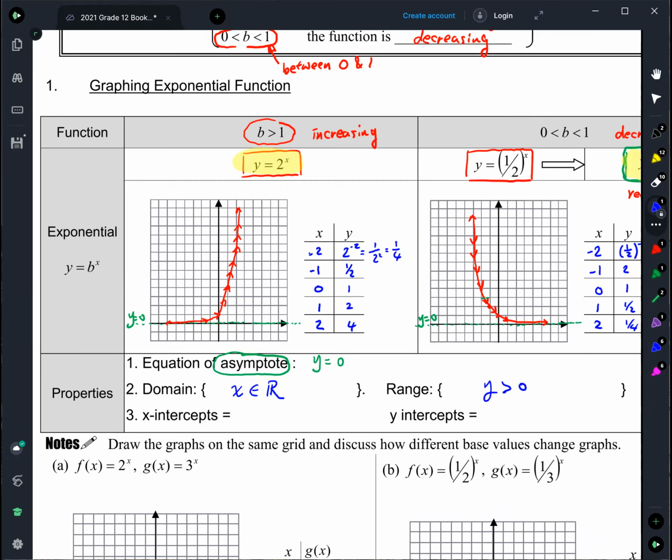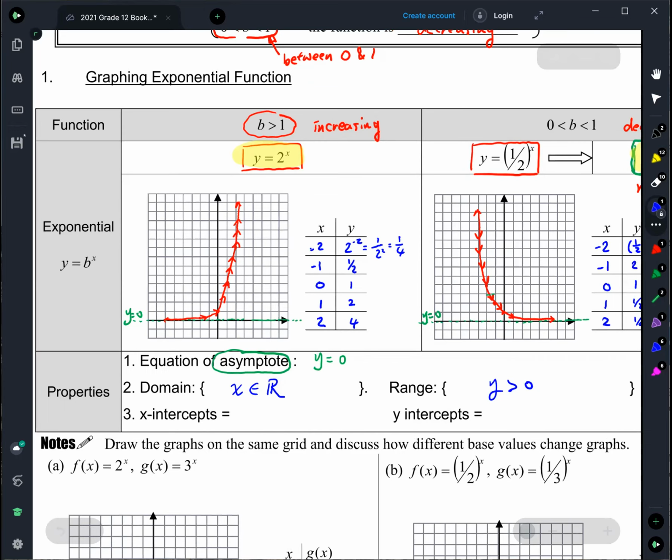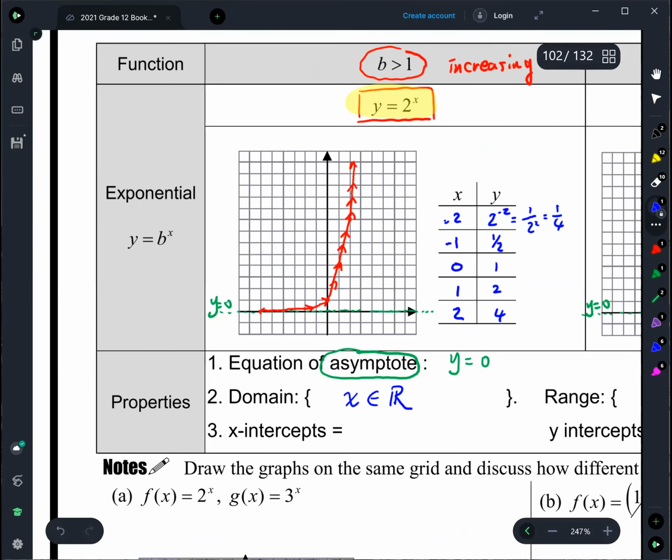Where the graph hits the x-axis. Does the graph touch the x-axis? Where does it touch it? Can you show it on the graph? Let's say we use the left one. Isn't it 0, 1?